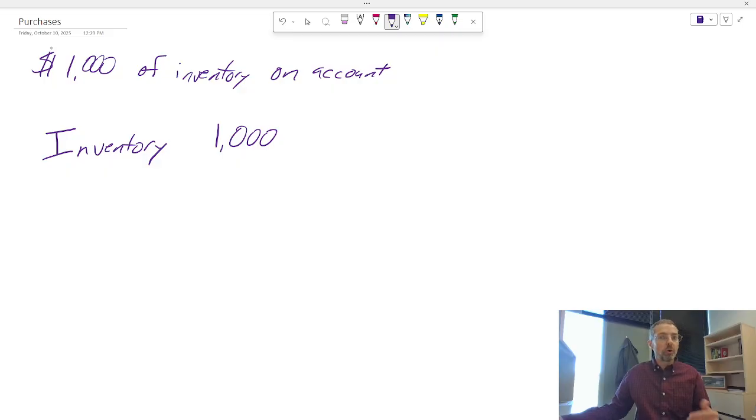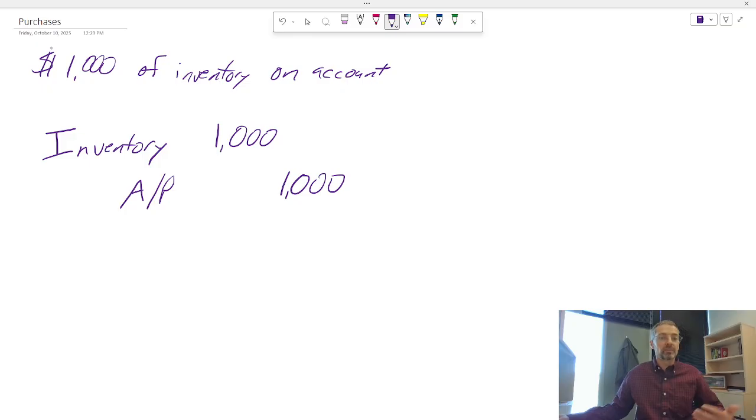And we also owe more money. That sounds like a liability, and we're going to put this in accounts payable. This is the most common use of accounts payable for a merchandiser, is buying inventory. All right, so we have the inventory. We put it into accounts payable, showing that we owe $1,000.